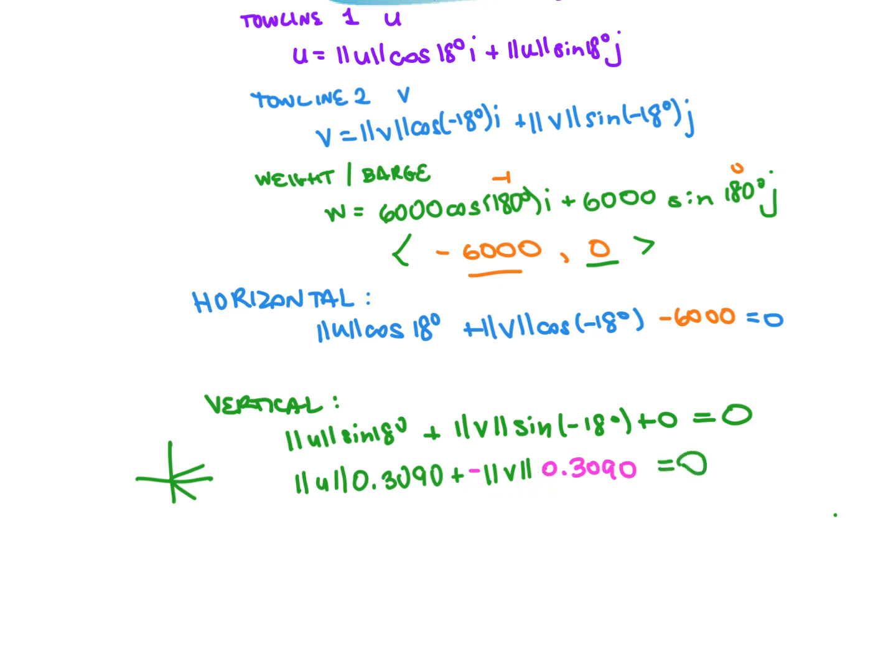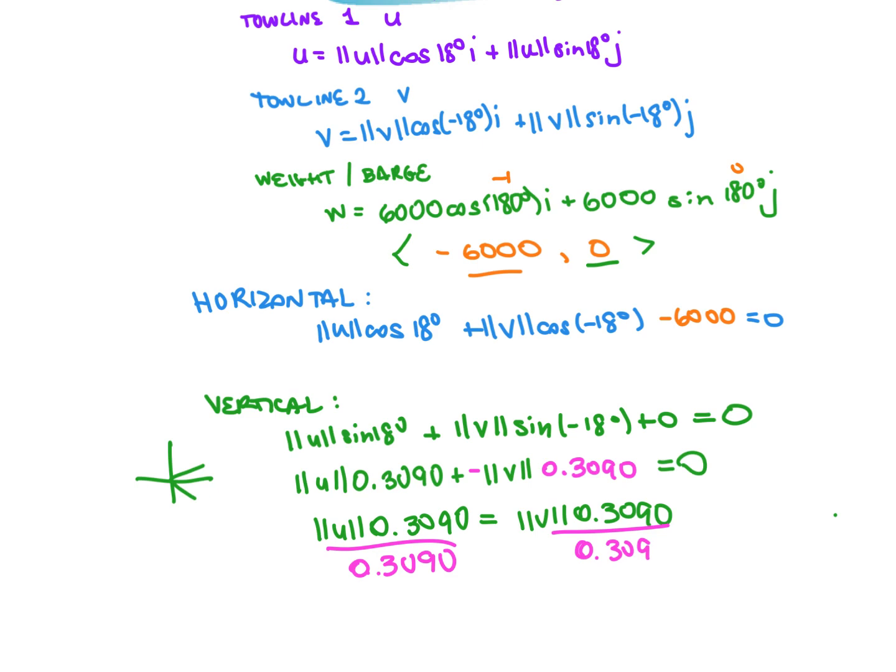So I'm going to add this magnitude of v onto the other side. So we have magnitude of u times 0.3090 equals magnitude of v times 0.3090. Why I did this is because I want you to see that when I divide by that 0.3090, we are left with the magnitude of u equals the magnitude of v.